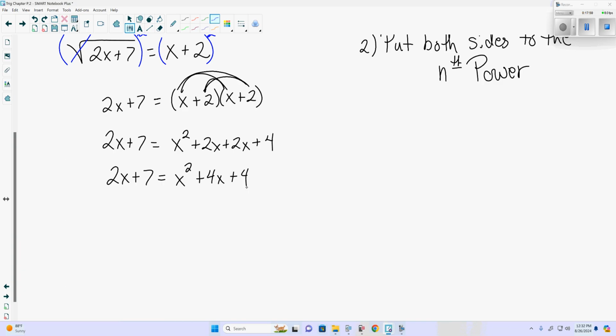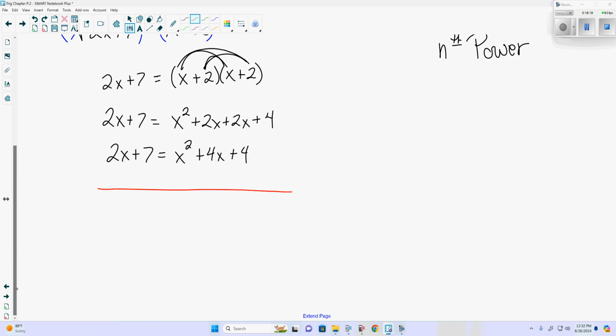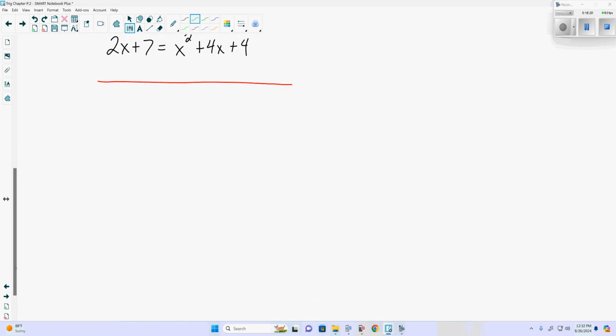Questions on this here? Well, we have an x squared term, yes, and a middle term. So we need to get this thing equal to what? 0. What do we need to do to get it equal to 0?